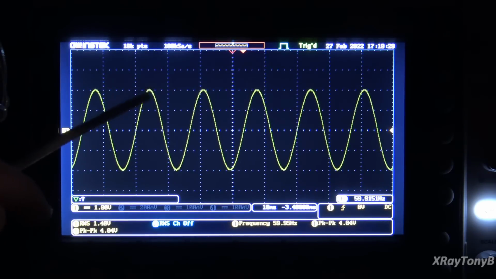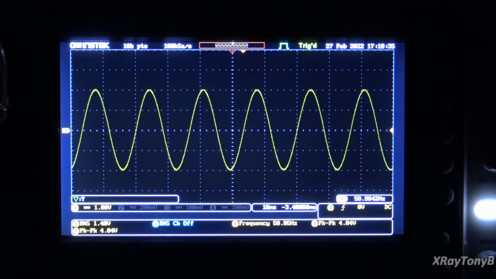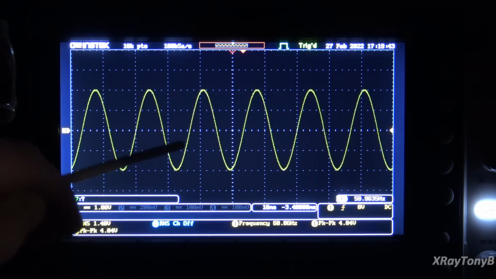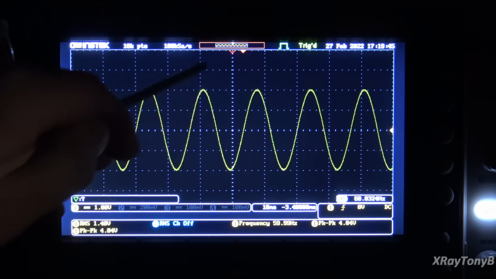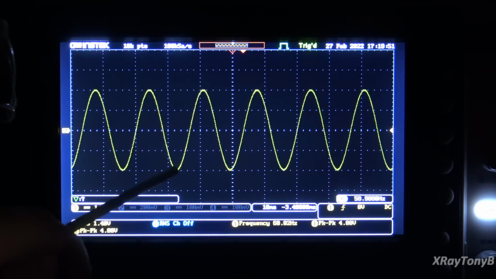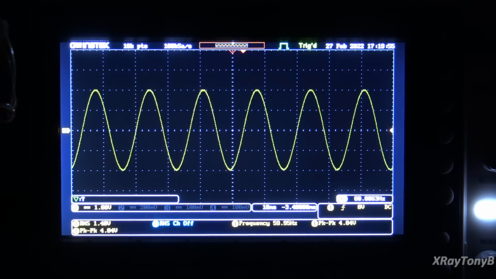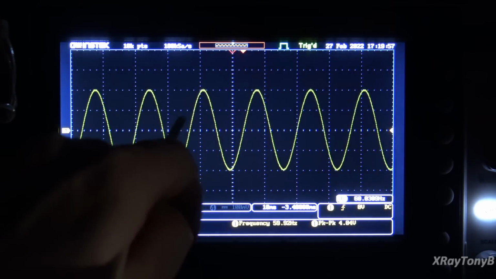There's the peak of the signal, at 2 volts. Whether it's positive or negative, it never goes more than 2 volts, absolute value, right? Now we can also say that the total change between this is going to be 4 volts, and that would be what we would call peak to peak. So when we measure from the negative peak to the positive peak, the peak to peak voltage of this is 4 volts.